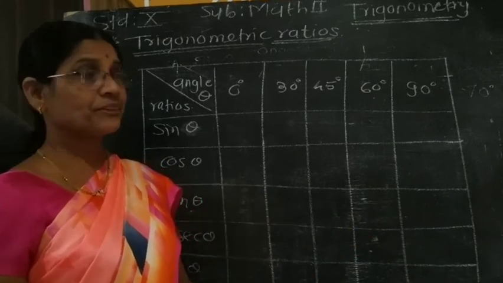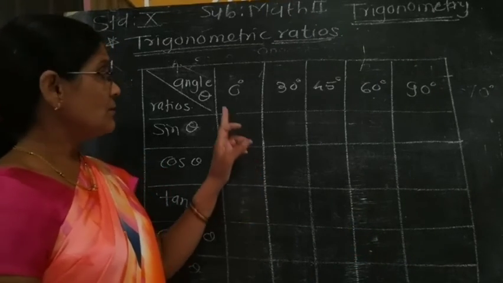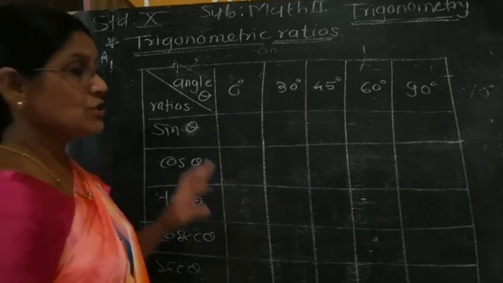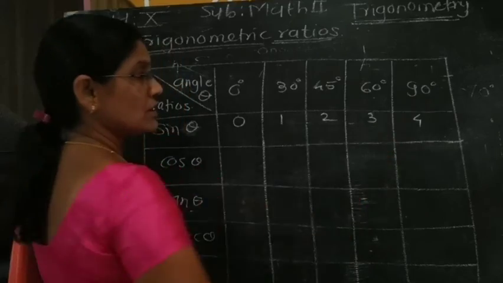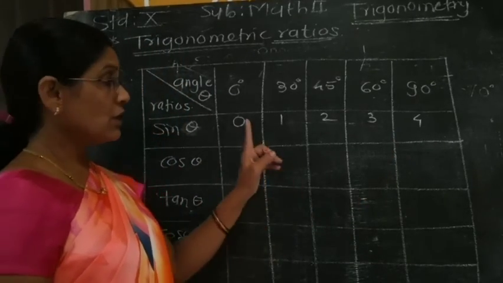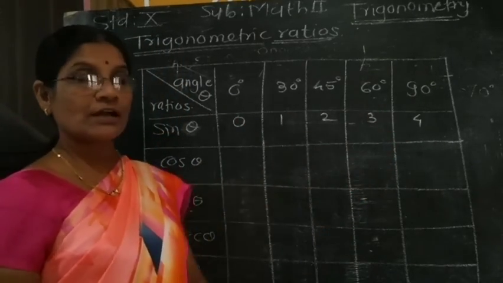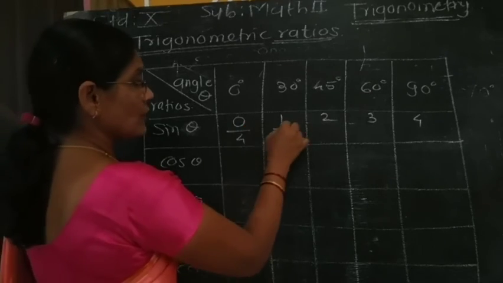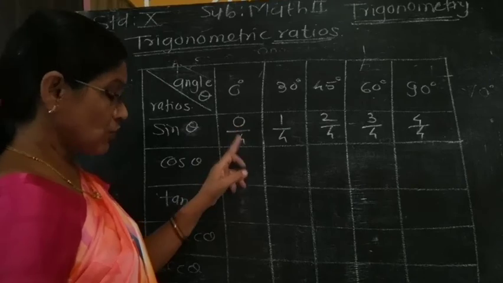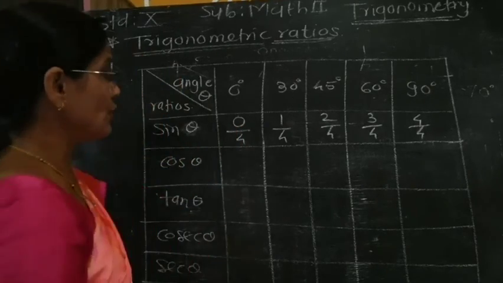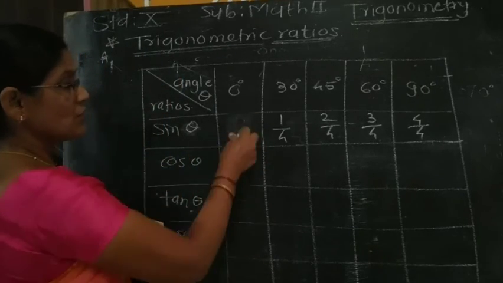Now how to find out all these values by a trick? See here. First of all, we have to write down from 0 to 4: 0, 1, 2, 3, 4. This is the first step. Remember again: write down 0, 1, 2, 3, 4. Again, divide by 4 and take the square root of all. 0 upon 4 is 0, and the square root of 0 is 0.